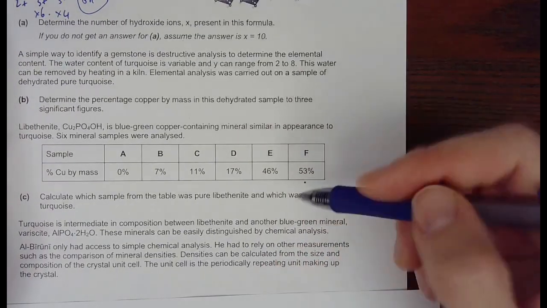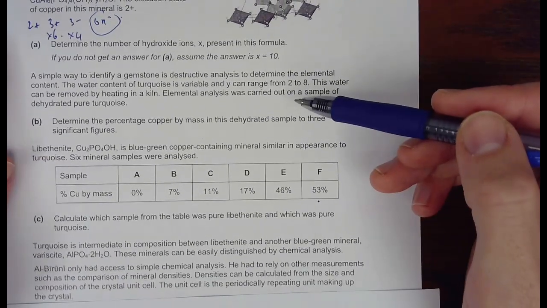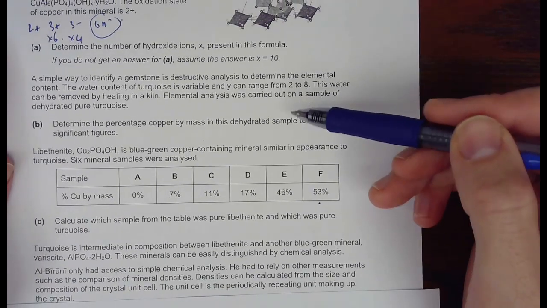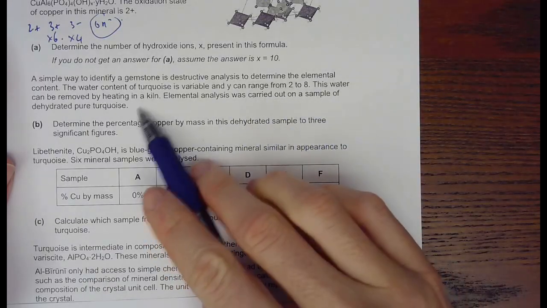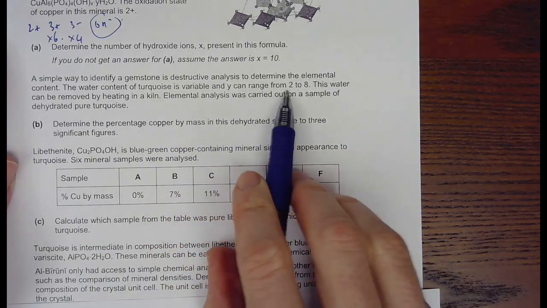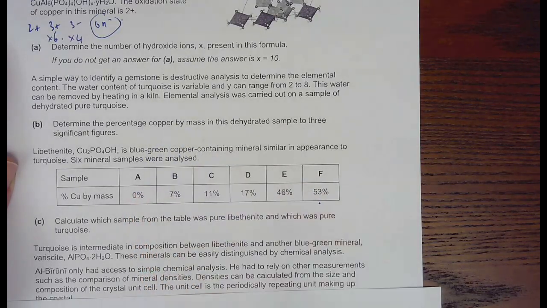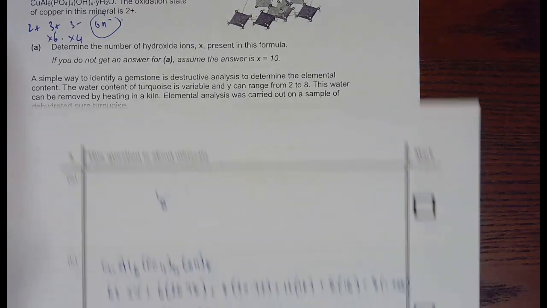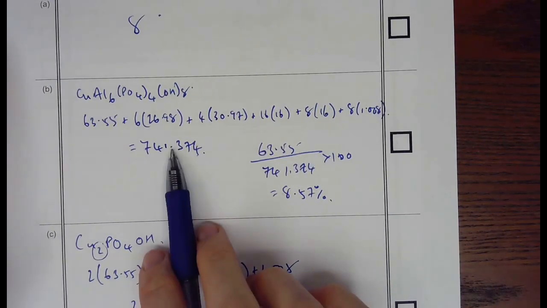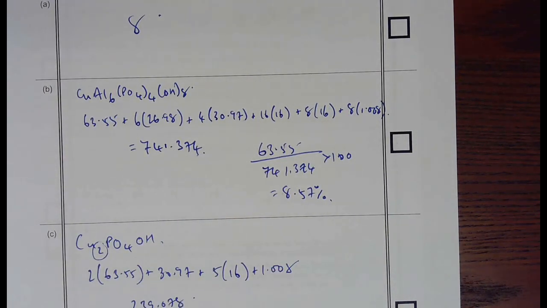So now we need to do the same for turquoise. Let's have a look. Okay. So the water content of turquoise is variable. Y can range from 2 to 8. Okay. So I think what we need to do then is just take this mass and we can add on some water to it.